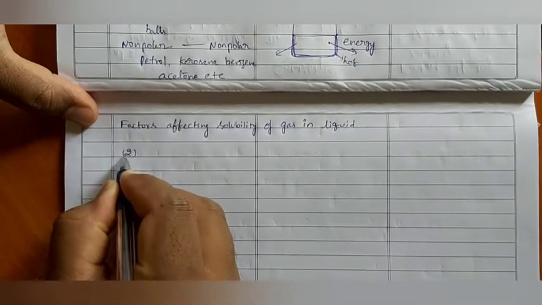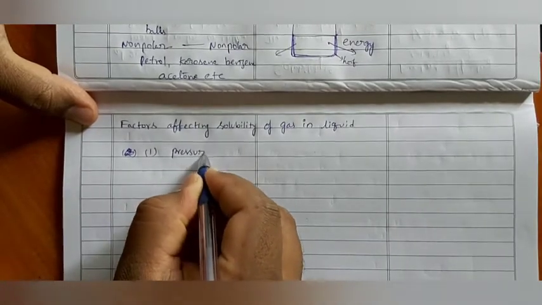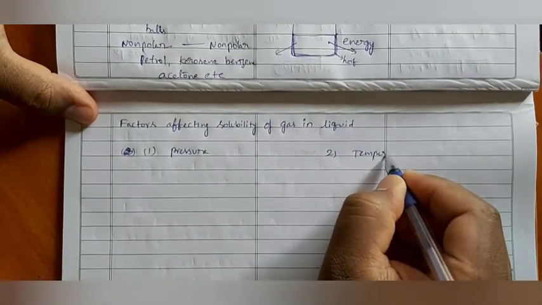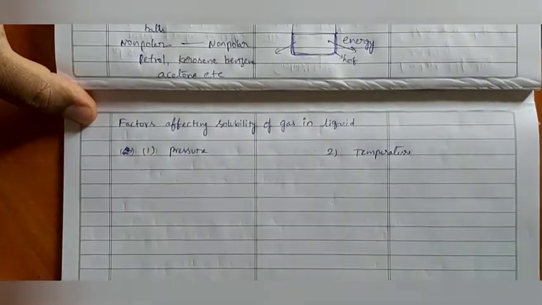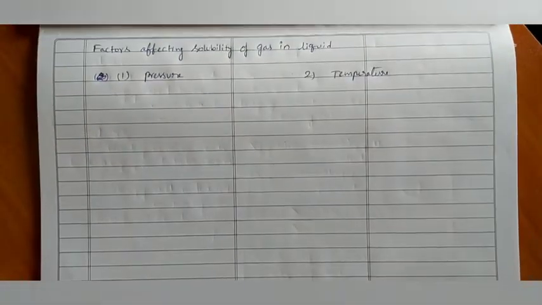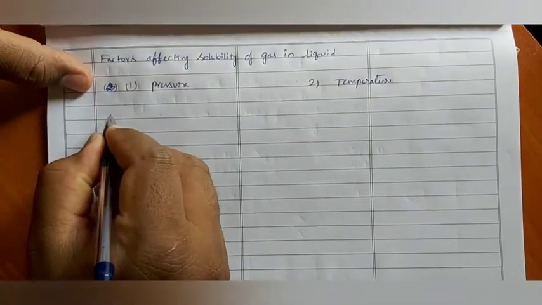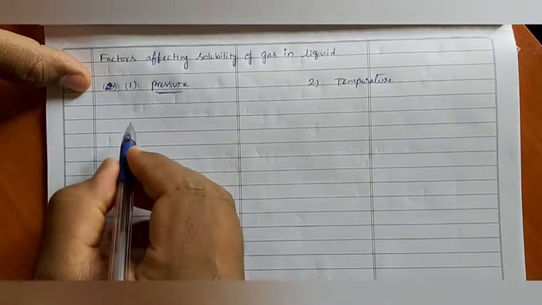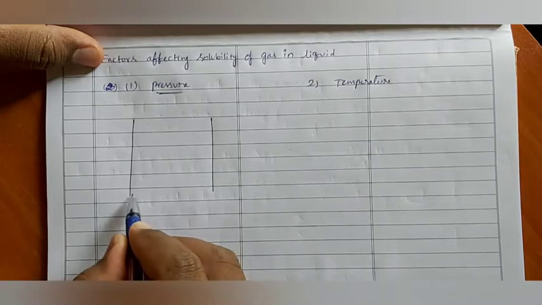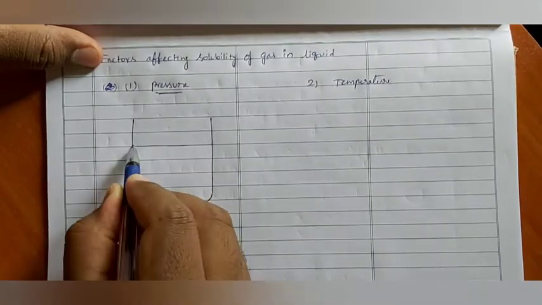Those two are: one, pressure; two, temperature. Let us see how we are going to see these factors. First one, under pressure we will see. Let us consider one beaker which contains water up to this level.